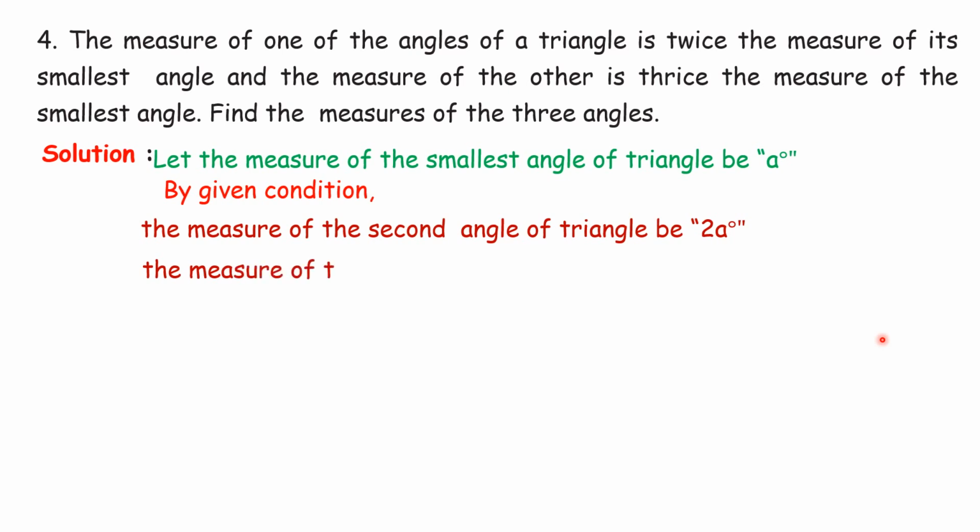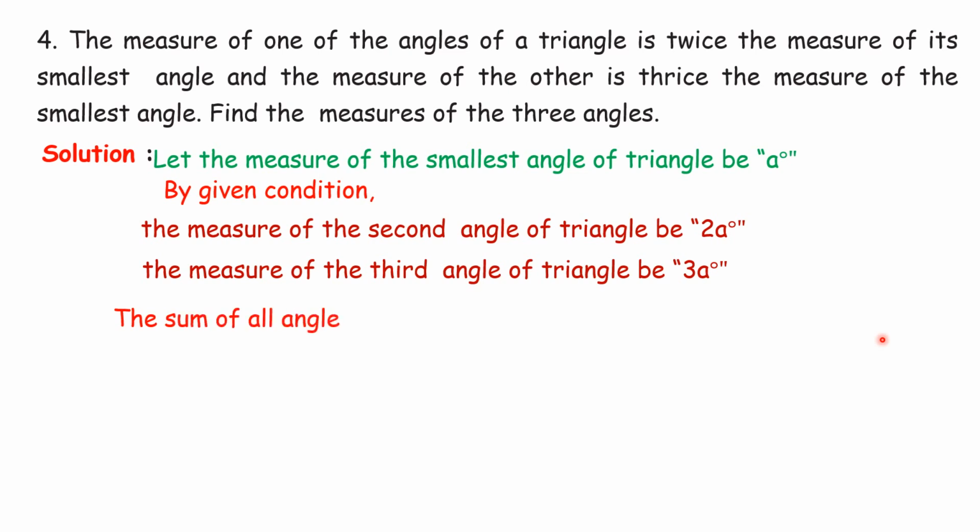The measure of the third angle of the triangle is 3A degrees. Now write down: the sum of all angles of a triangle is 180 degrees. Therefore, A plus 2A plus 3A is equal to 180 degrees. Now, A plus 2A is 3A, 3A plus 3A is 6A, equal to 180 degrees.